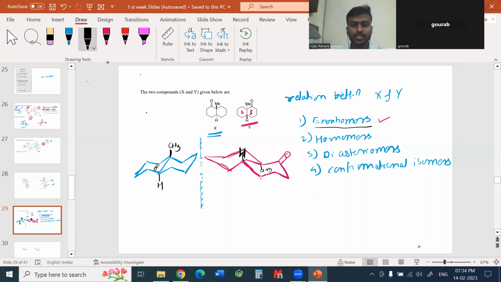So we are not able to find any mirror plane in this one. So these are obviously not mirror images. Whether they are diastereomers of each other, conformational isomers, or homomers, these three things we need to understand.